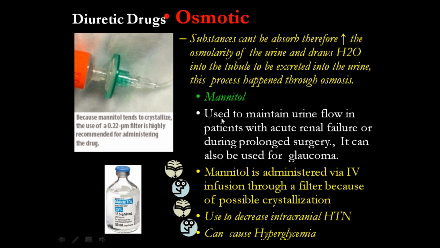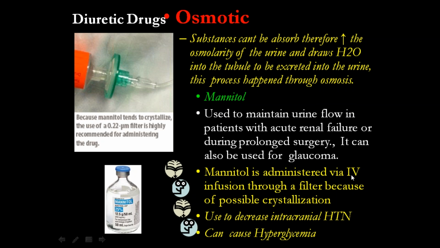One of the things that we need to remark here is that mannitol is administered by IV infusion through a filter. Look at this filter, because of possible crystallization. Here I show you a picture. We have the syringe with a needle, and this device is put in between; it is a filter that is going to stop the crystals from going through the IV.